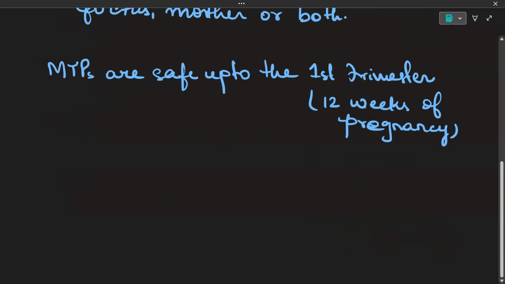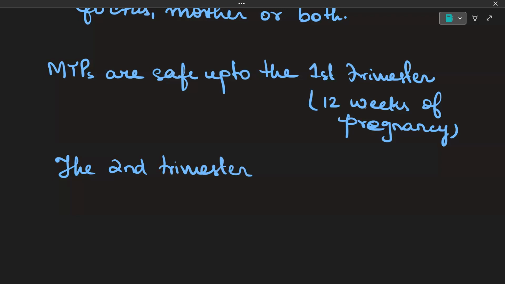Then the ones that are done after the first trimester, in the second trimester, MTPs are very risky.